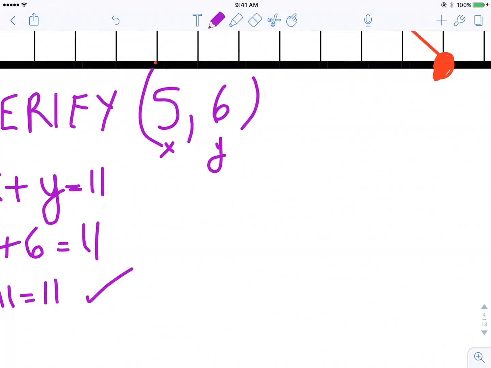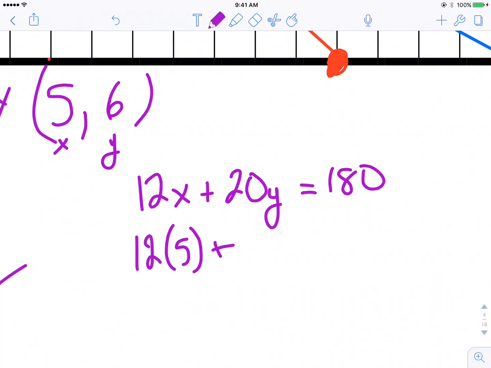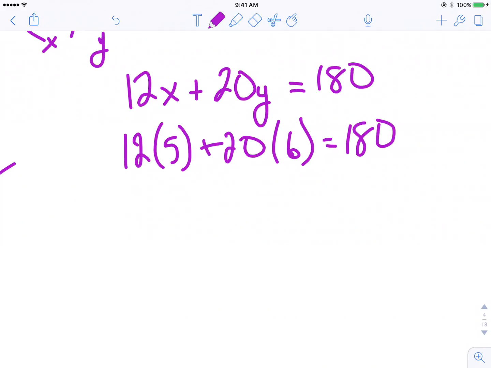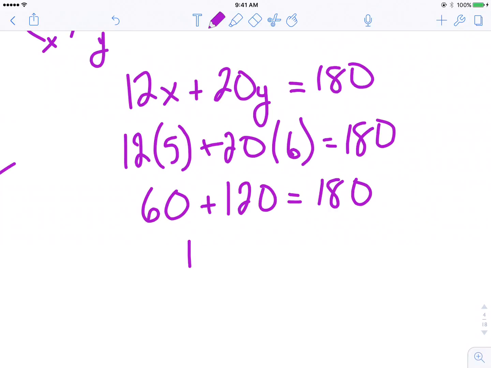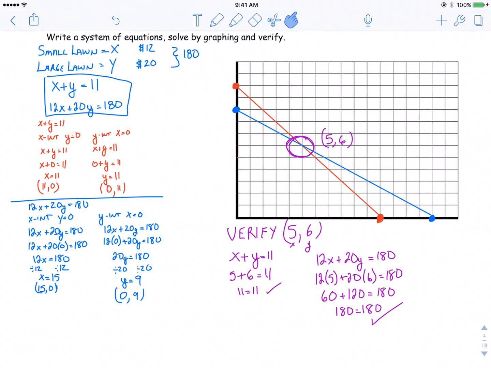I test my second equation: 12x plus 20y equals 180. Substitute in 5 for x, 6 for y, and calculate. 60 plus 120 is 180. 180 equals 180. And that is also true. So we've verified that both of those equations hold true with that point of intersection, that solution to the system, which we found by graphing.